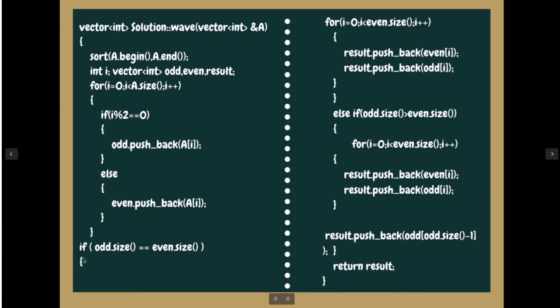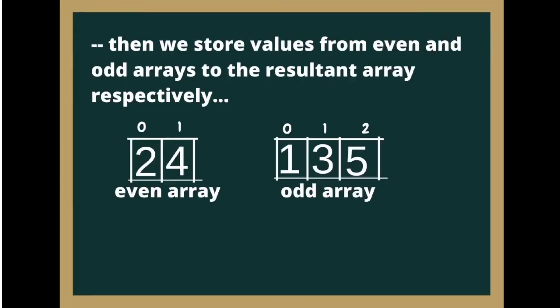Now, case 1, where the size of the odd array is equal to the size of the even array. For that case, we just push back alternately, first the even one, then the odd one. Since we see here, first we push the even one, then we push the odd one, again we push the even one, again we push the odd one.